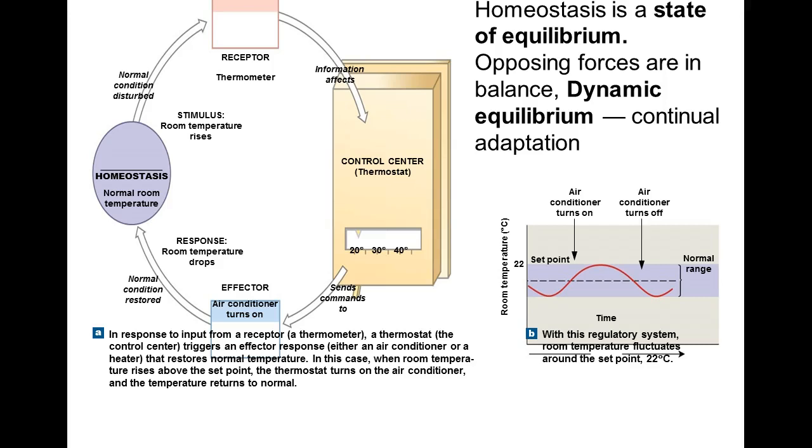An example would be that the receptors in your skin pick up that you are cold. You're in an environment that's cold. That information is picked up by the receptors in the skin, sent to the brain. The brain would send a message to the muscular system. It's time to start shivering, we need to warm up. And then presumably, at least for a short term, homeostasis would be restored in terms of your core body temperature.